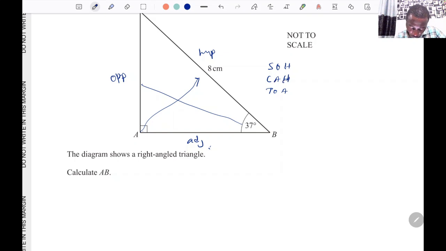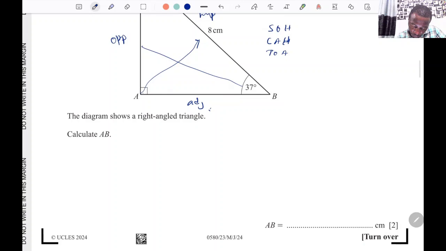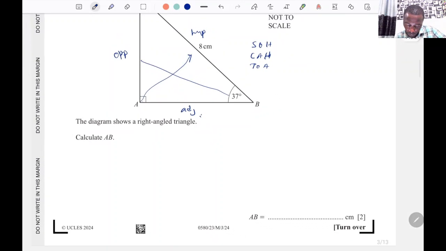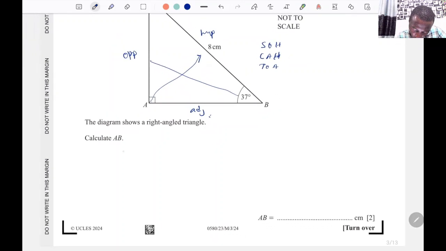So we will now do that here. We'll say that cos 37 is equal to what? Adjacent, which is what we're looking for, so we can call it AB, over the hypotenuse, 8. So my AB is equal to 8 times cos 37.